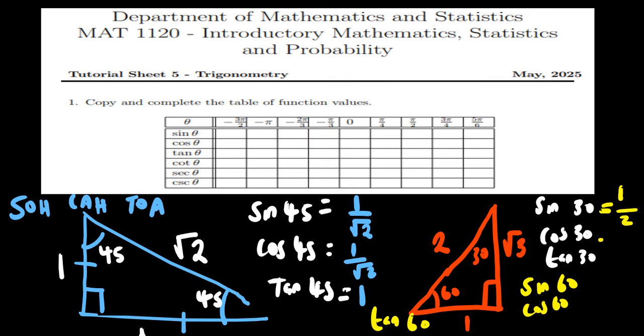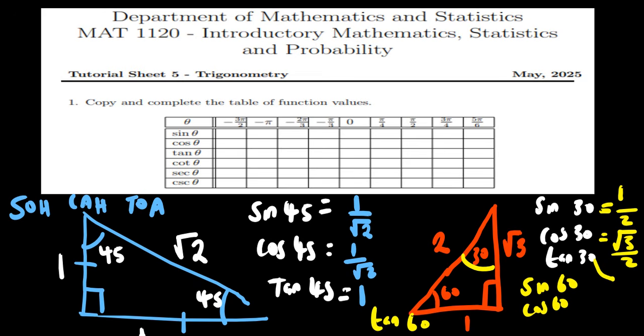Then the cos 30 would also be adjacent over hypotenuse. So that would be root 3 over 2. Then we've got our tan 30. What is it going to be?